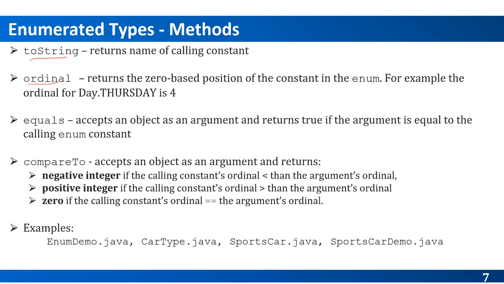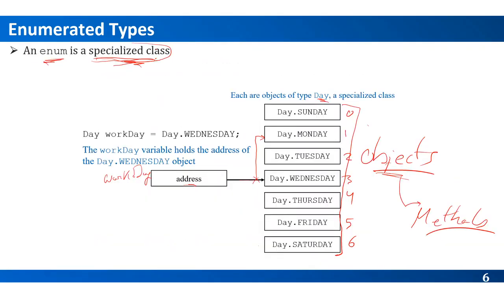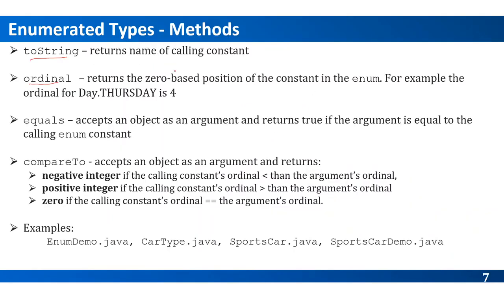Here, ordinal is going to give you that integer, the number that represents the place of that object in the enumerated type. So that is the ordinal value. Equals is going to compare. compareTo is going to compare, just like strings, and this is going to give you a positive or negative number or 0. Equals is going to give you true or false, right?